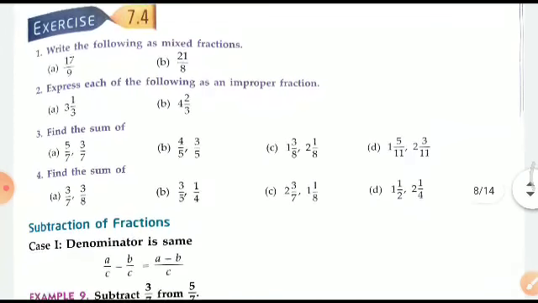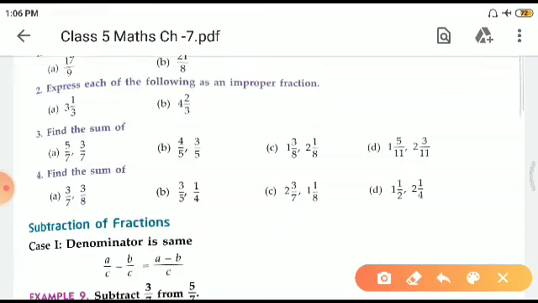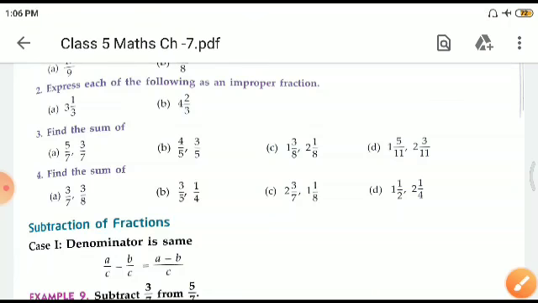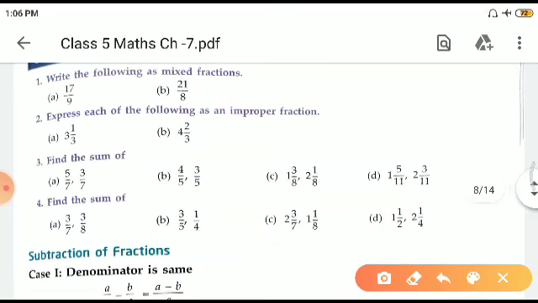Okay, now let us do exercise 4. Write the following as mixed fractions. 17 upon 9, we all know how to do it, right? Once again for your revision, let us do it.